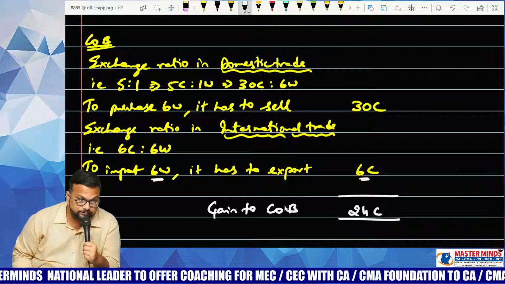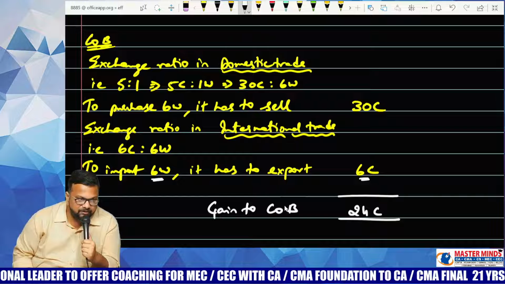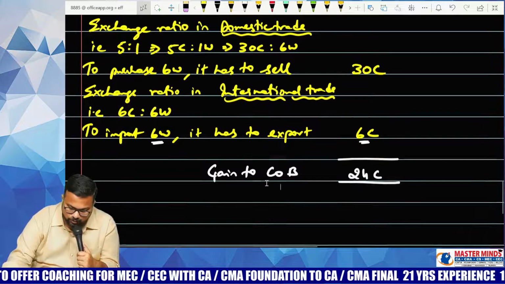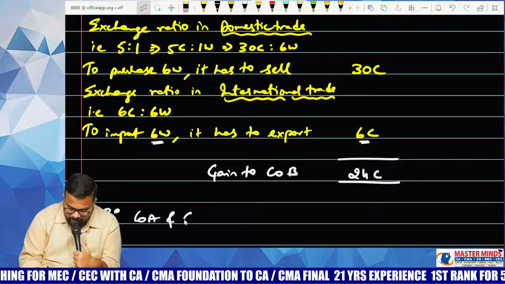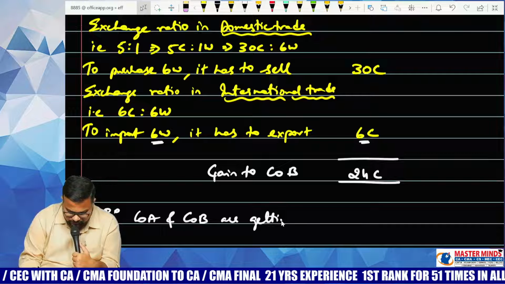Country B. Am I clear? Okay, you need to be careful with the wording. So you can clearly see that both country A and country B are getting benefited.